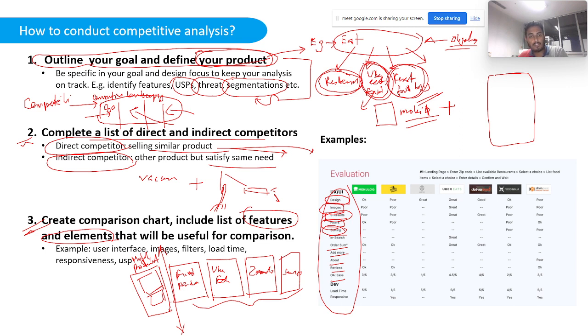For benchmarking we need to have our own product, but for competitive analysis we do not need to have our own product. We can just compare the competitive products, and then evaluate to understand what we require, what unique value proposition we will be providing, etc.